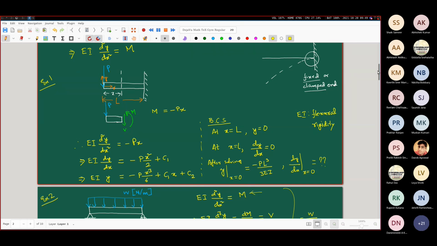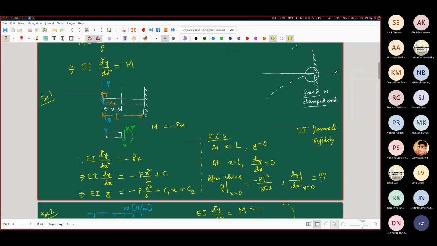Okay, did you try to do this? Did you try to find out the deflection at this x equal to 0? If you have not done it, I told you the other day that after solving you will get a result like this. So this is one of the most important results in deflection of beams.